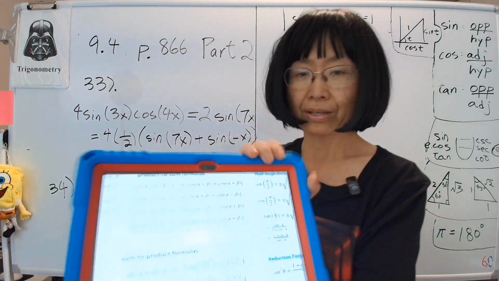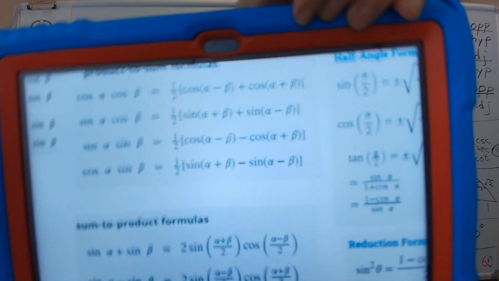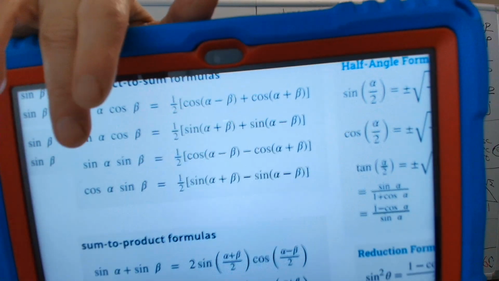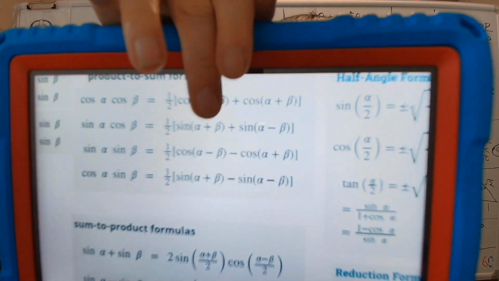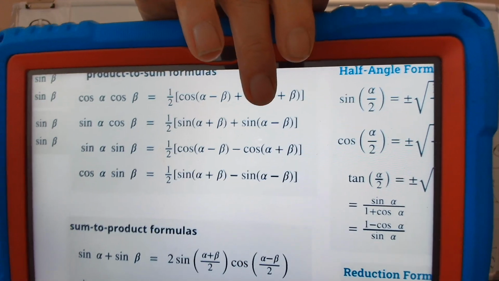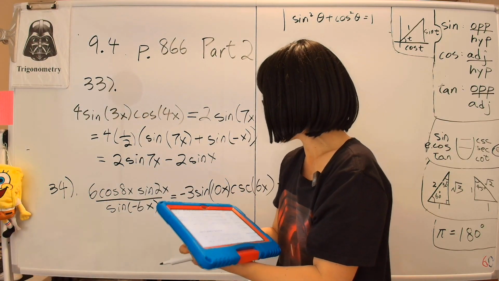This is cosine times sine, so we'll use the exact same formula we just used. That is the sine and cosine one: sine alpha cosine beta equals 1/2 sine of alpha plus beta plus sine of alpha minus beta. Let's write that down and see what happens.